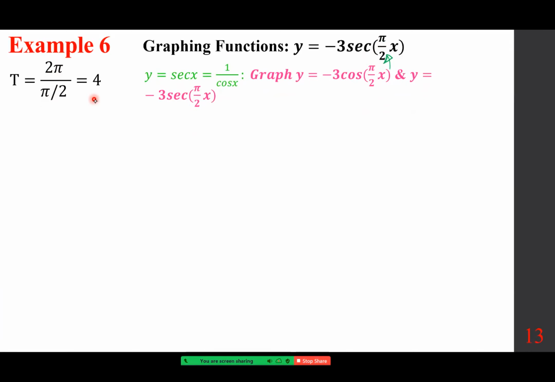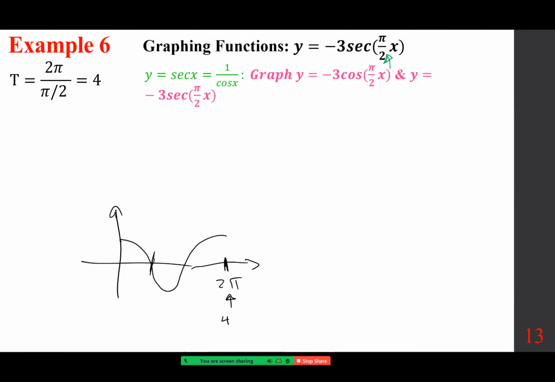So if you will remember, just to give you an idea, this was the graph of the basic cosine function, and this was 2 pi. Now you're changing this 2 pi to 4. So you're cutting 4 into 4 pieces. So remember, the period must be cut into 4 pieces.